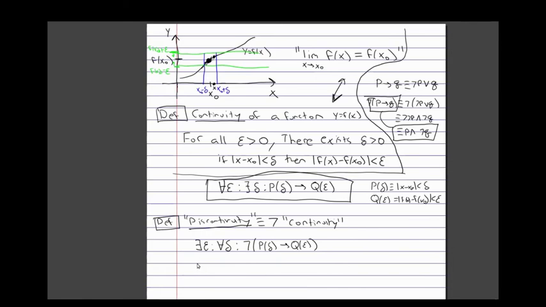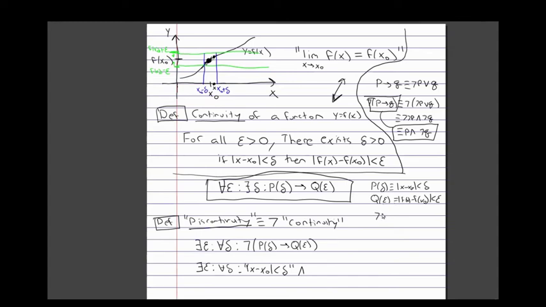So we have that the definition of discontinuity is the statement there exists an epsilon such that for all delta, you have p of delta, which is, remember, |x - x₀| < δ. This is our p of delta, and we have to have not q of epsilon.